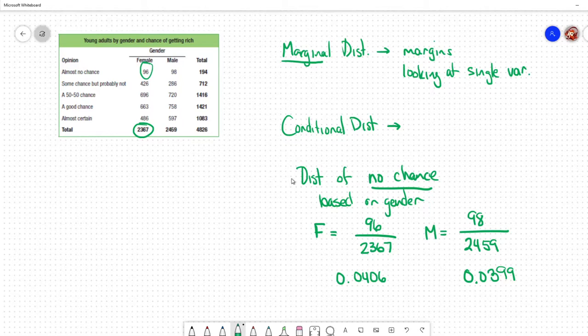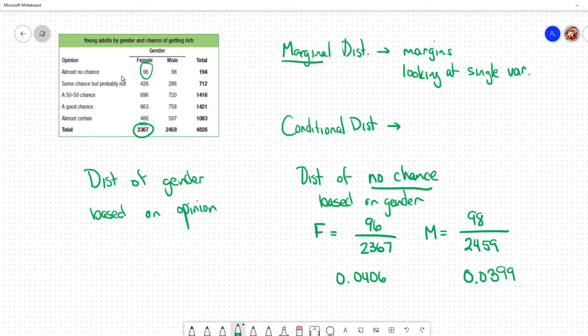We could also look at a different condition. I can look at the condition of the opinion. Based on opinion, does that influence the gender of the person? So I could go the other way and I could say, okay, the distribution of gender based on opinion.